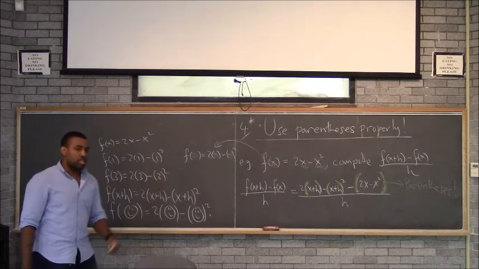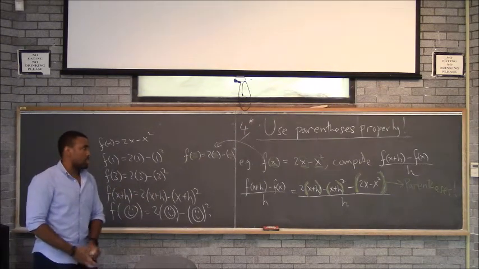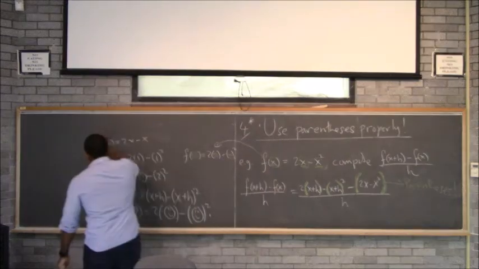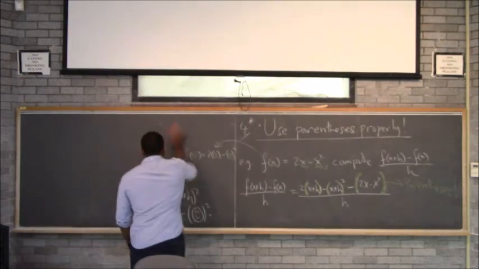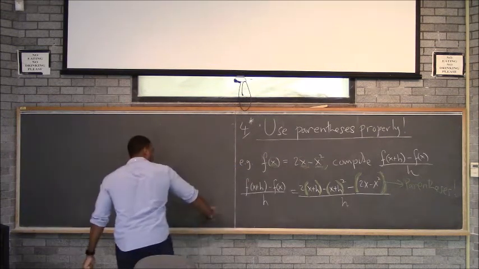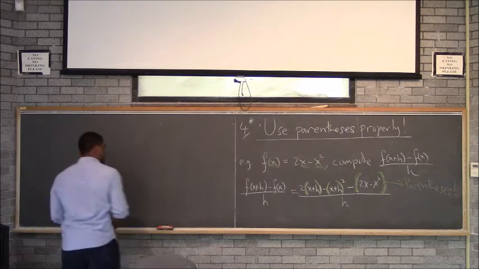Now, missing any of these pairs of parentheses will cause you a lot of trouble in general. You do not want to forget them. Okay. So that is the correct first step. Okay, now let's continue over here.